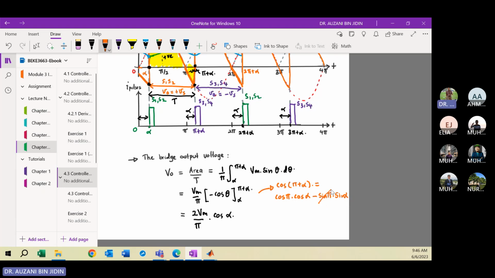Sin pi will be 0. Cos pi will be minus 1, so you get negative cos alpha. You apply this identity, and finally you get the final equation here.